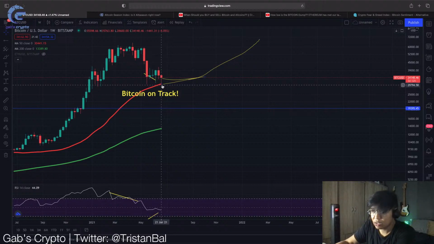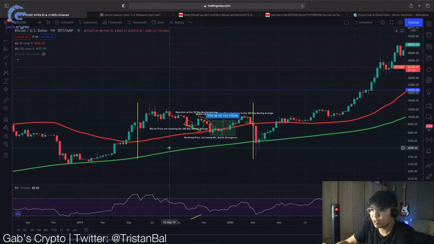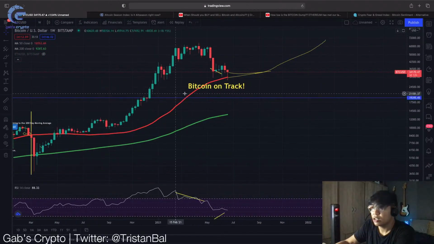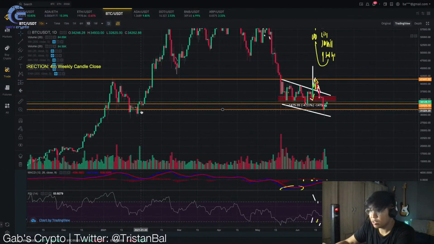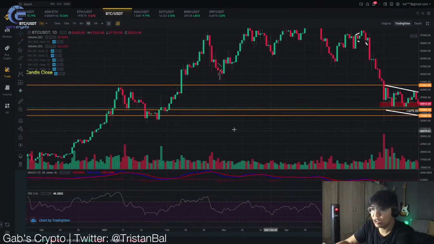Kasi first, 50-week moving average is indicating na doon tayo more likely magkakaroon ng support, and another data is saying itong previous dump natin, ang naging support natin was actually this 30K area din.